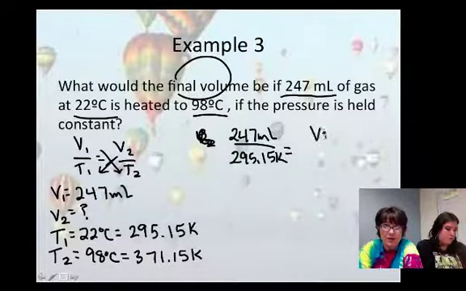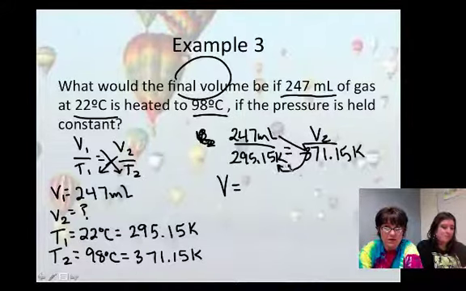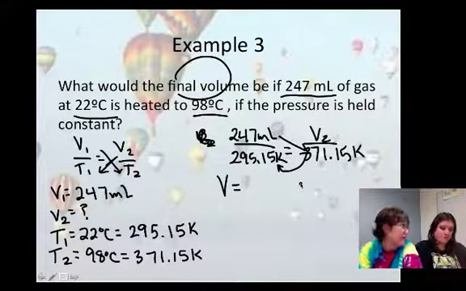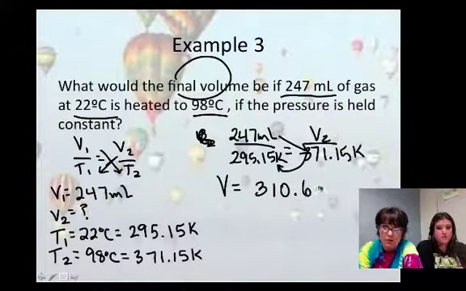And that's going to be equal to V2 divided by 371.15 kelvins. So V2 we solve by multiplying these two together and then divide by the third. When we do that, kelvins cancels away. And what do you get? 310.6. And that will be in milliliters, it looks like, because I have milliliters here.